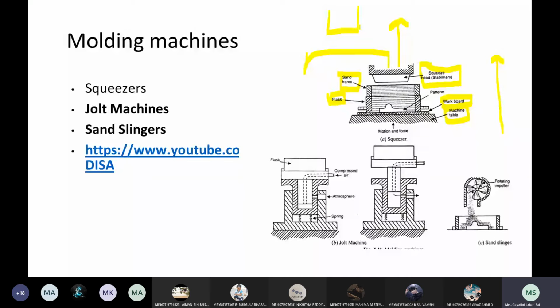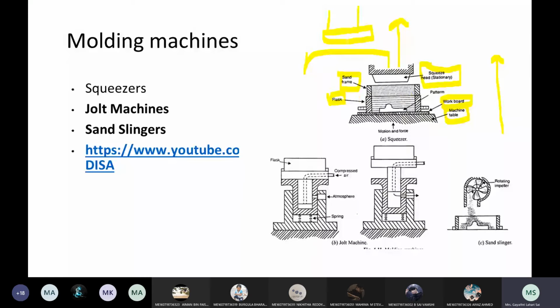When the squeeze head is in touch with the sand frame, at the bottom of this sand frame, it will press because of the movement from bottom to top. The squeeze head has a certain weight, so it applies pressure onto the face of the sand frame. Because of the pressure, the sand frame again applies pressure onto the face of the flask.